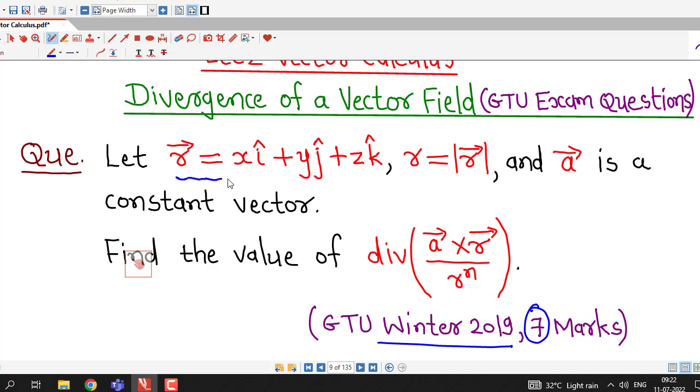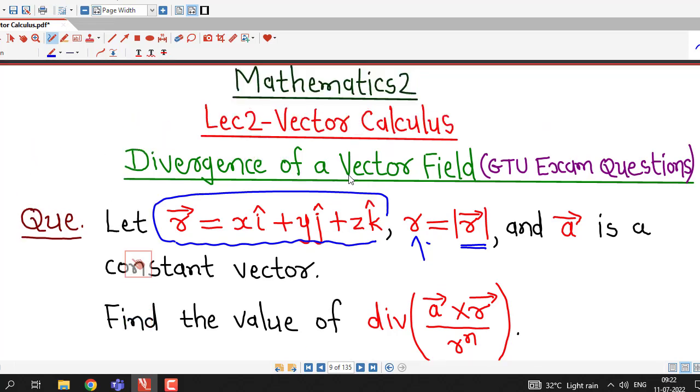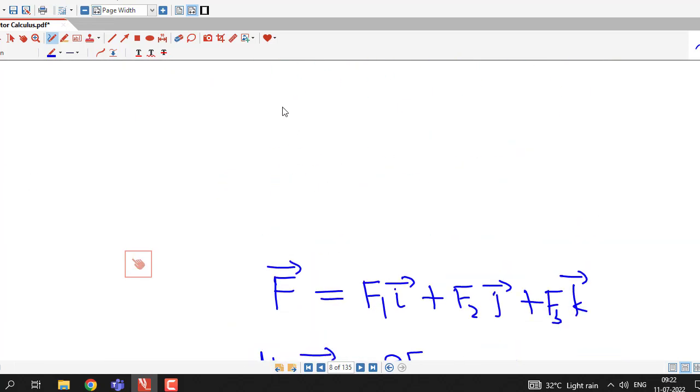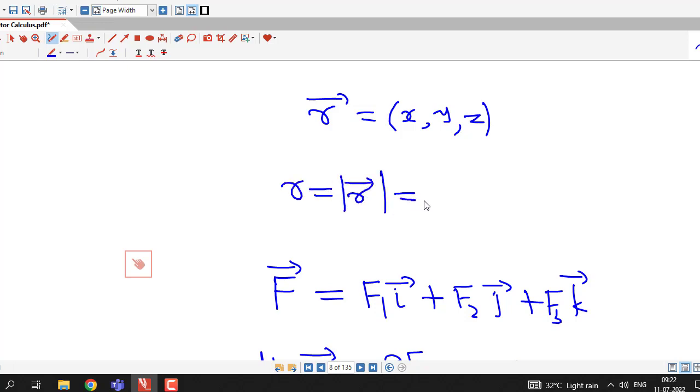Let r bar equal to xi plus yj plus zk, that is r bar is a position vector and small r is the notation for the length of this vector r bar, and we know that if components of r bar are x, y, z, then its length is denoted by small r and is defined as square root of square of each component and their addition.